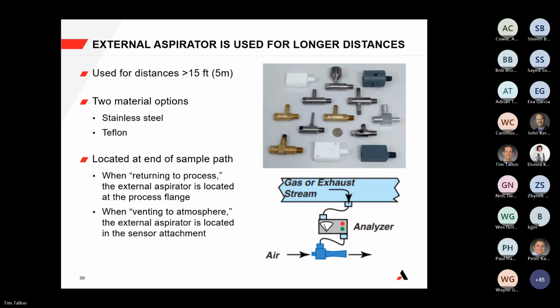And when the sample gets combined with it and exits from the aspirator or the eductor, there's only a short length, and it's also diluted at that point before it gets returned to the process or vented to atmosphere. So it's not really needed to have the aspirator drive lines insulated. Thank you, Joe.